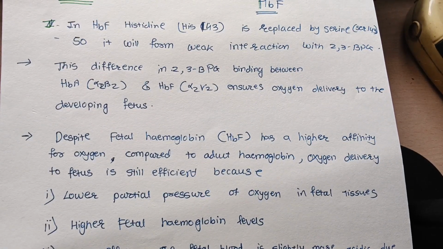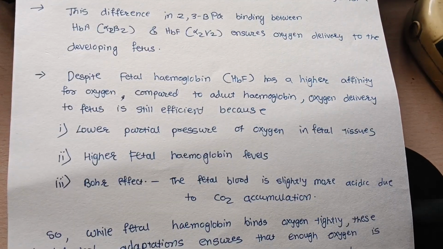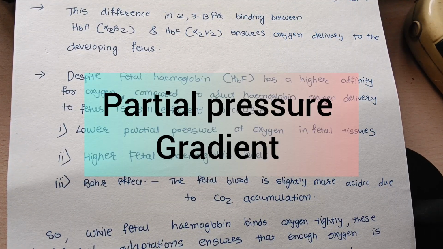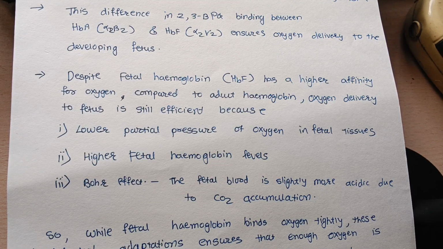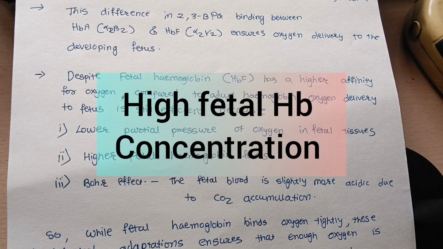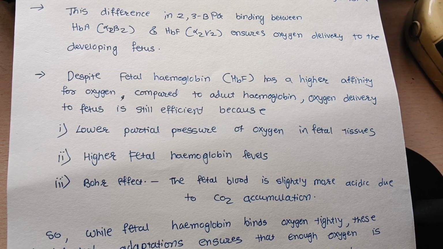Despite the fetal hemoglobin having a higher affinity compared to the adult hemoglobin, oxygen delivery to the fetus is still efficient because the first factor is partial pressure. There is a low partial pressure of oxygen in the fetus tissue. Second, higher hemoglobin level, which will compensate for any deficiency. And the third is the Bohr effect.